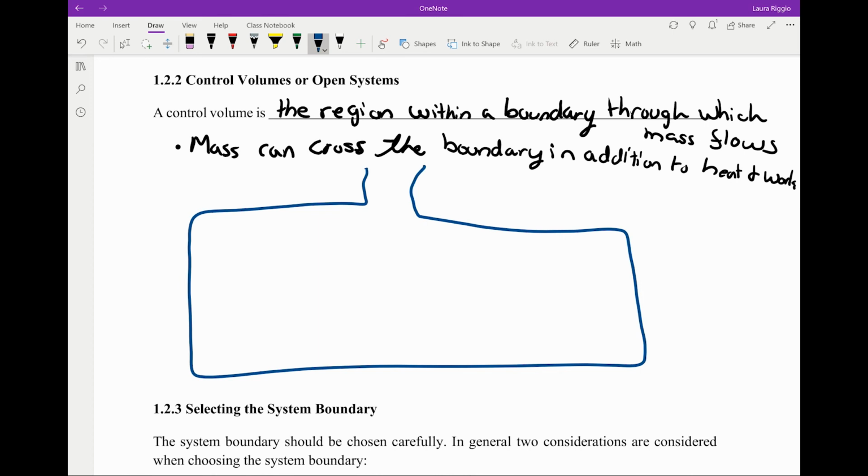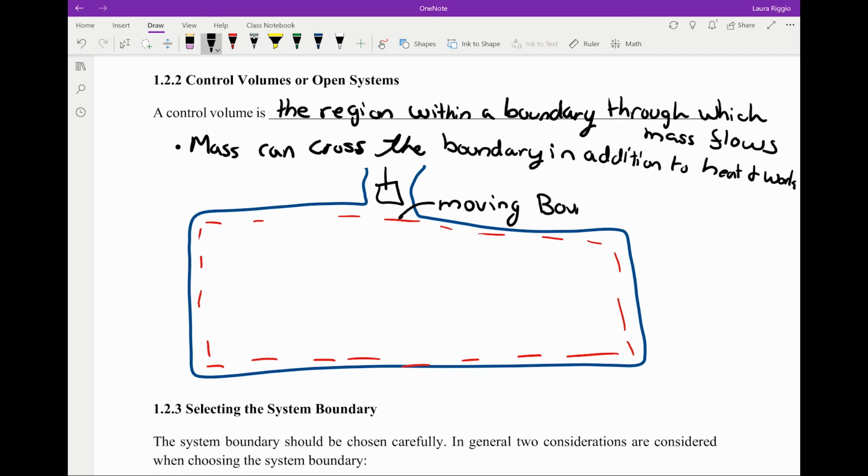So if I draw my system again, I can still have my piston up here. Put my boundary back in. I can still have my moving boundary work.